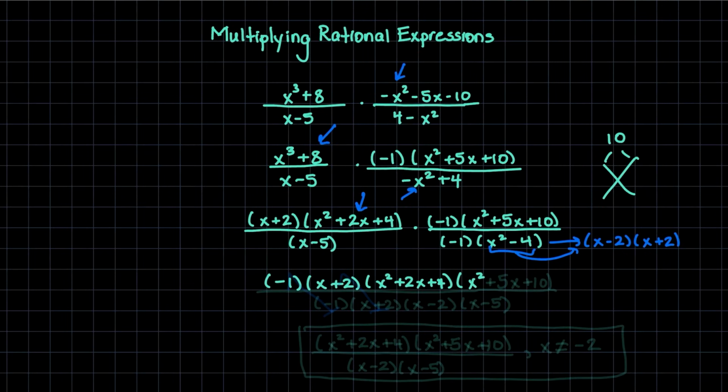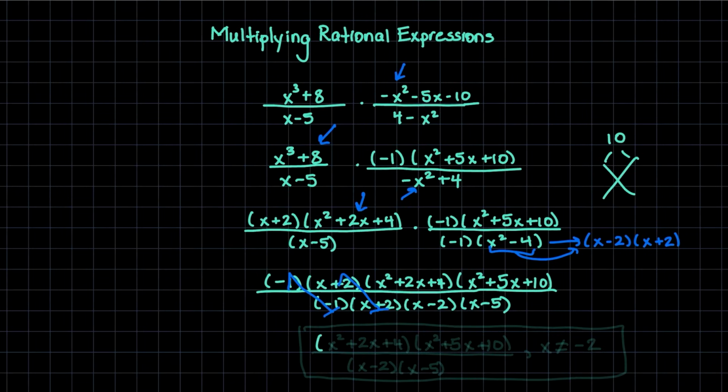X squared plus 5x plus 10, all over negative 1, x plus 2, x minus 2, x minus 5. Common factor of negative 1, common factor of x plus 2. Everything else is prime.